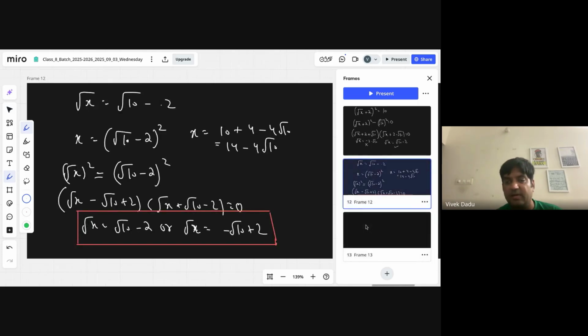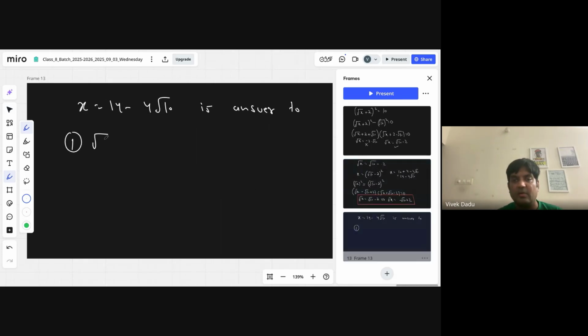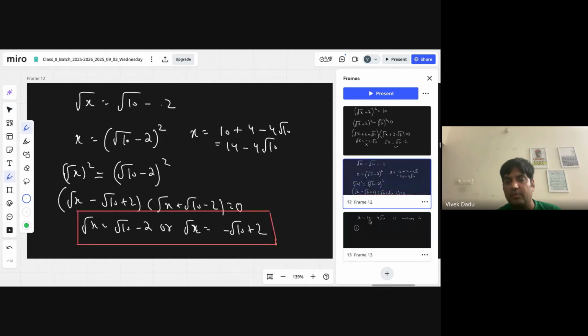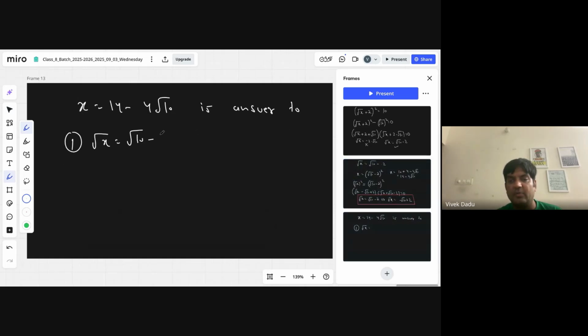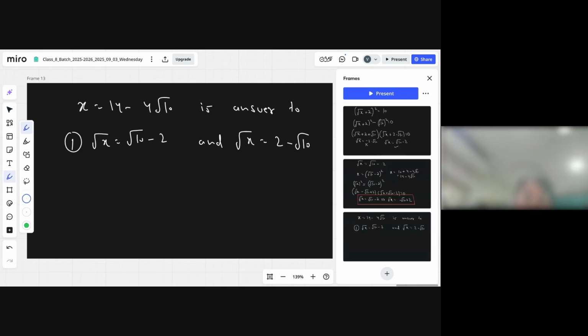First one, root x is equal to root 10 minus 2, and root x is equal to 2 minus root 10. Yes or no? Yes. Now there are two things to consider here, Sarah. First thing is that is this the solution to this equation or no?